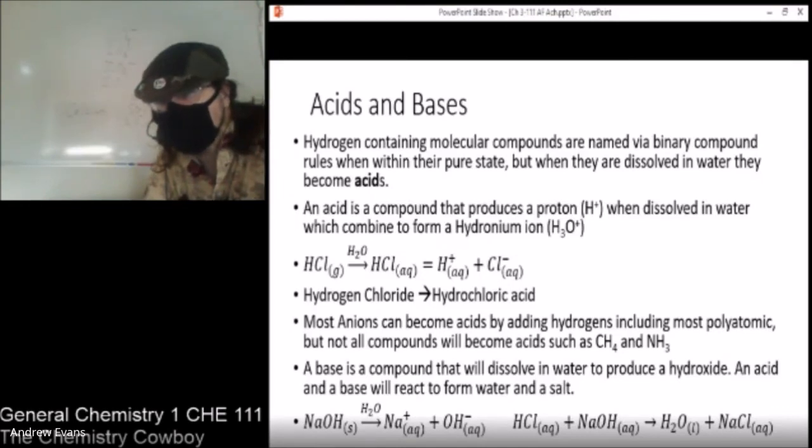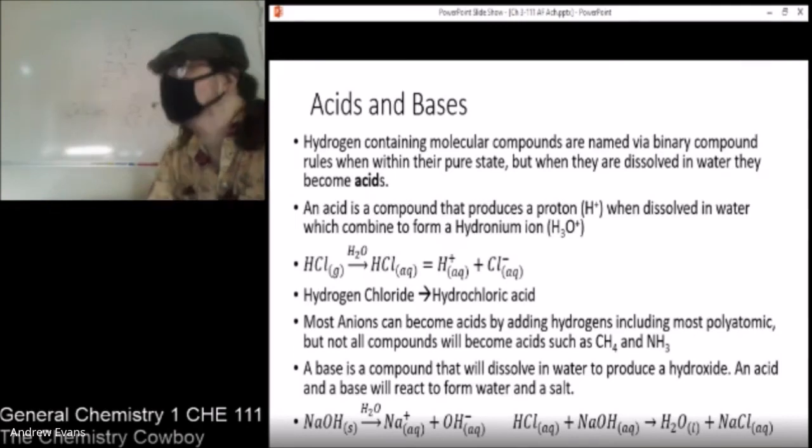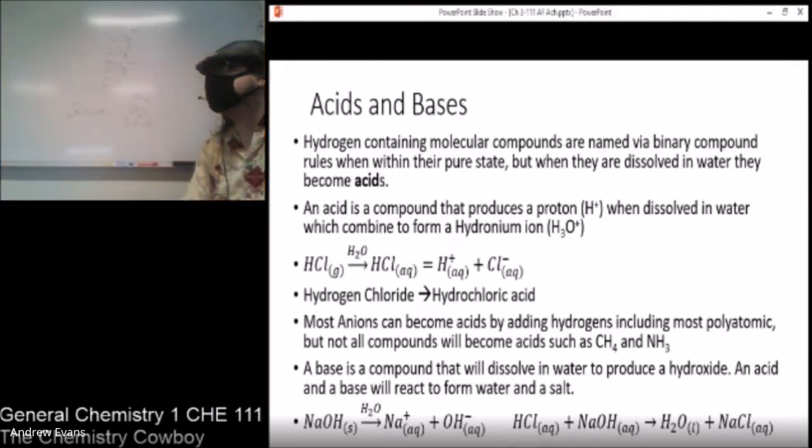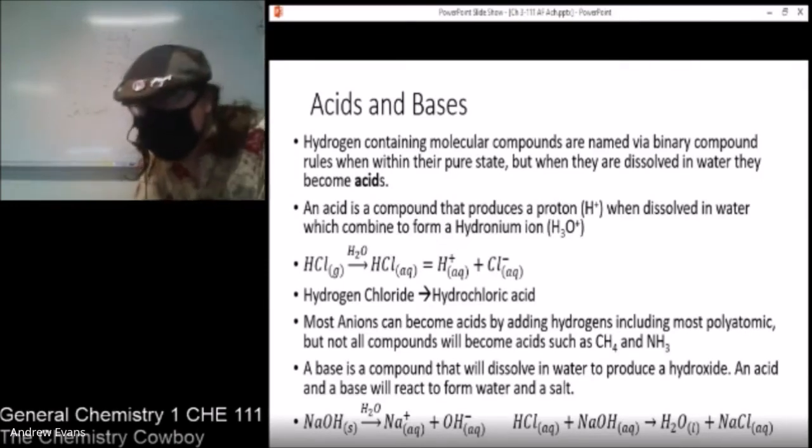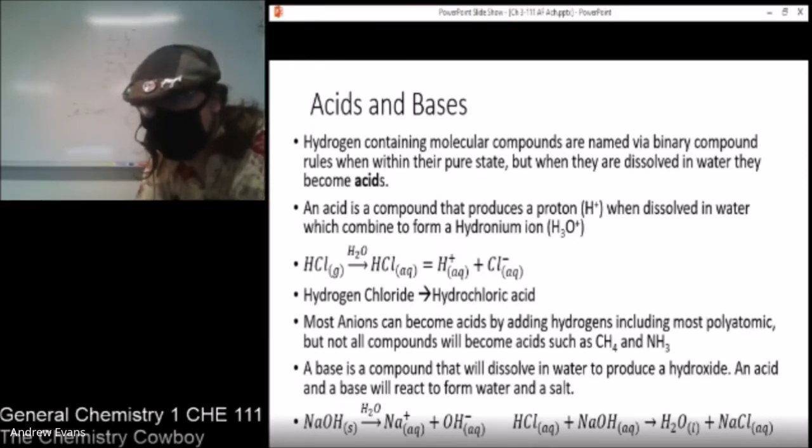It is methane. NH3 is actually a base, ammonia. But if I take, say, H2S, that's an acid. HCl is an acid. HBr is an acid. HI is an acid. All these things can be acids and will be named as an acid.